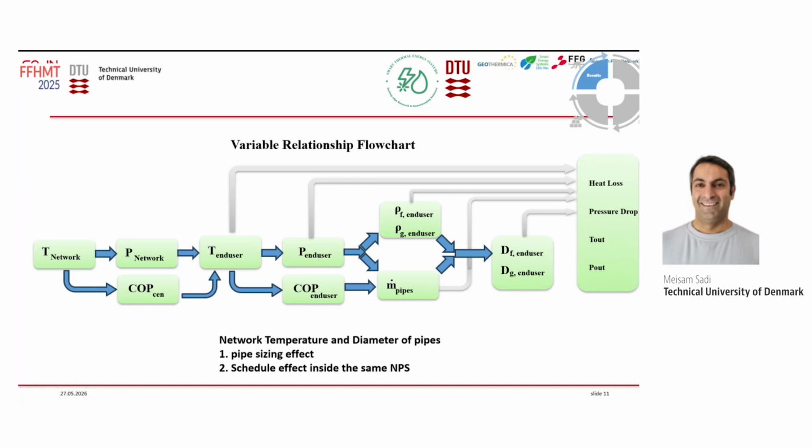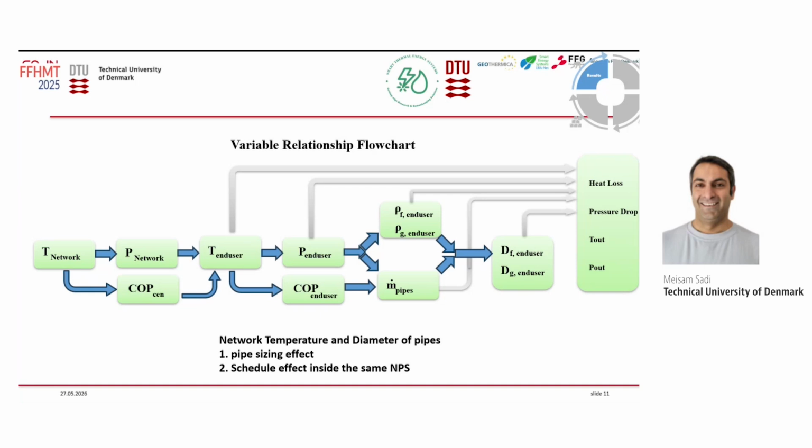Also, the mass flow rate of the CO2, the density of the working fluid, the diameter of the pipes, the heat loss and the pressure drop. Because we have a lot of pipes in the network at different locations with different sizes, when we do the calculation, we should do it pipe by pipe, from one pipe to another.